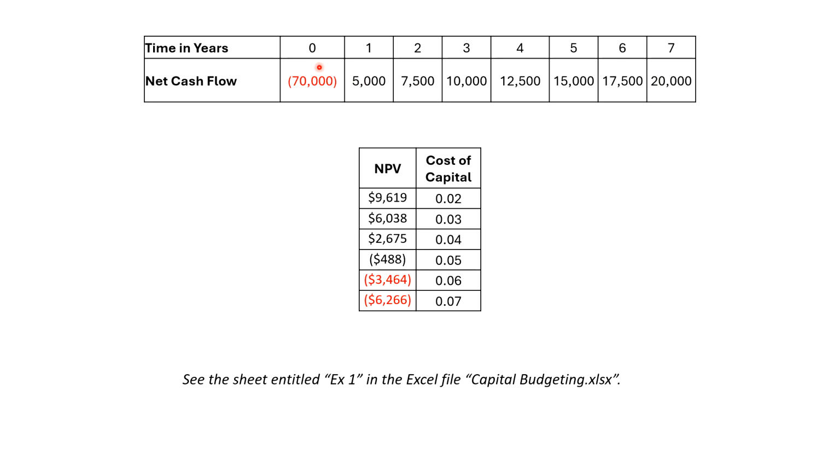The mistake I made is I put the initial investment into the NPV function, and you need to do this separately. So you have this cell plus the NPV function, for example, with the value 0.02, and then pointing to these other net cash flows, and that will give you the correct answer for the NPV.